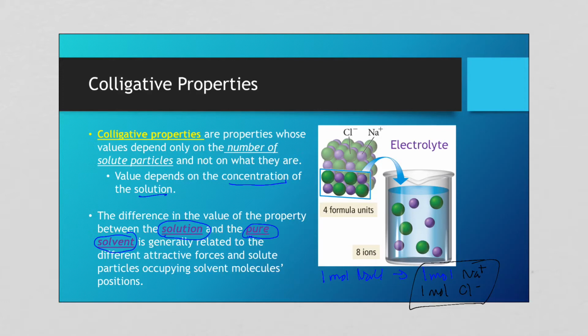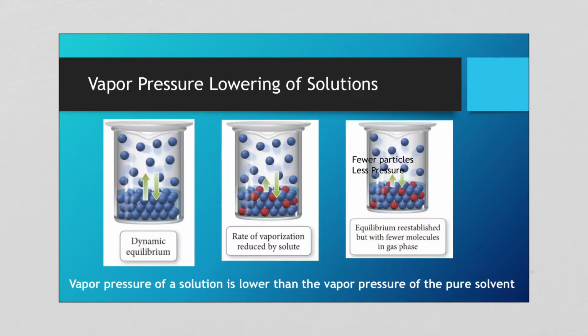Okay, now that we have a basic idea of what a colligative property is, let's start looking at some colligative properties. The first one I want to turn our attention to is vapor pressure. Remember, vapor pressure is the pressure that develops above a liquid.